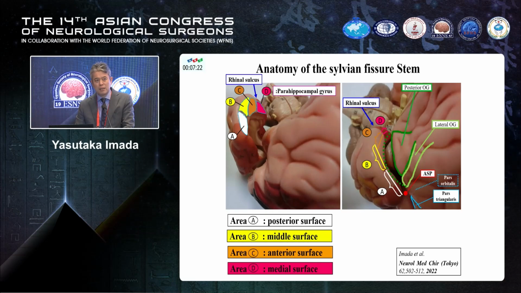And the pattern of these adhesions determines the difficulty of dissection. In the case in which all four surfaces have tight adhesion, dissection will be most difficult. On the other hand, in the case in which all four surfaces have loose adhesion, dissection will be easiest.